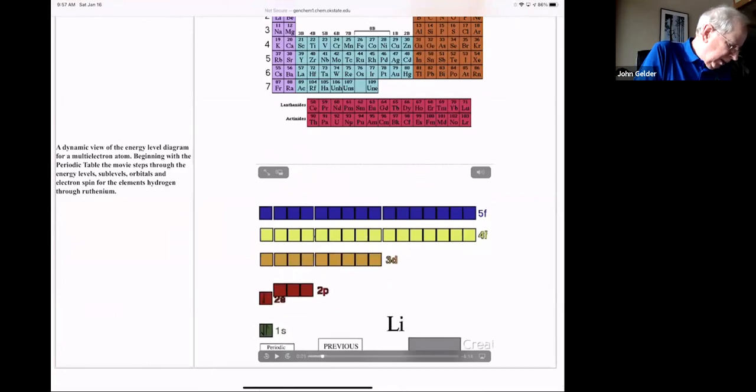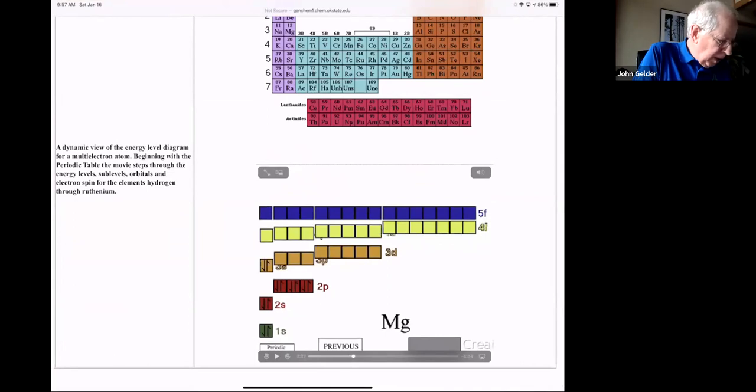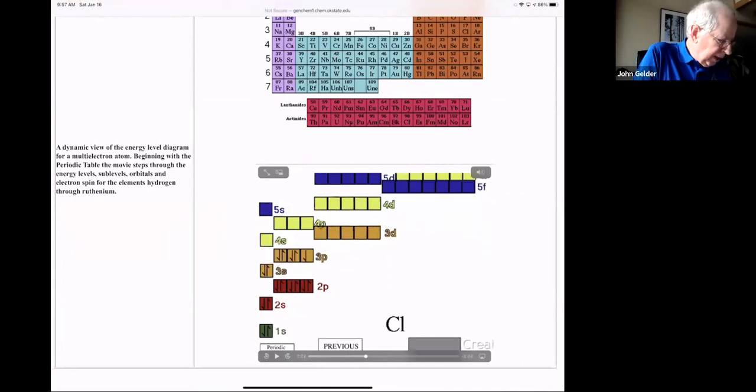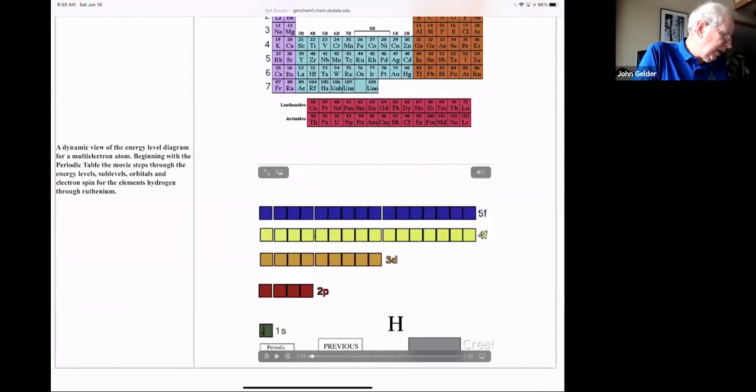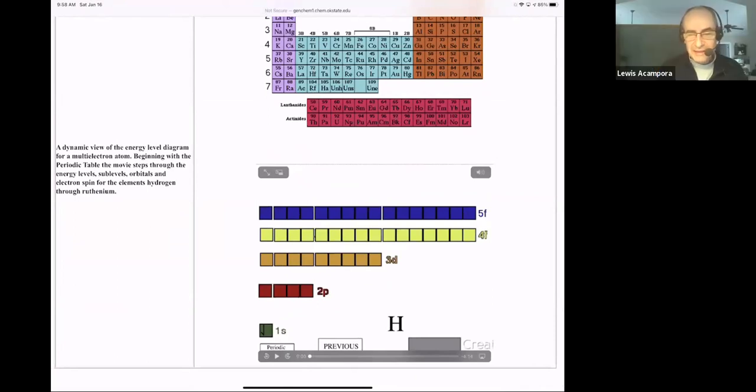Here we can look at what happens to the energies of these different shells as we add electrons. This little movie is included, a link to this movie is included in the PowerPoint slide. I like that. That I had sent out.